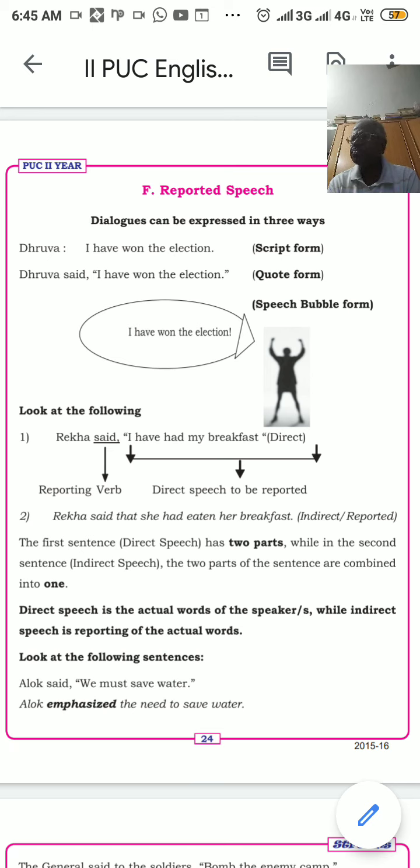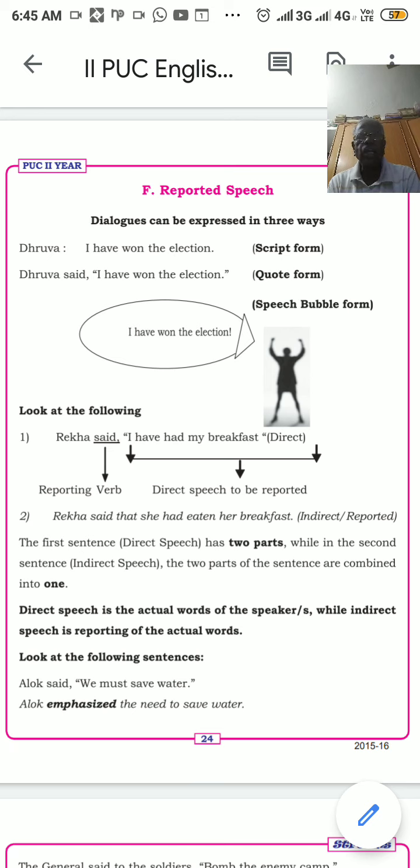For example, the teacher said, the sun rises in the east. The sun rises in the east is a universal truth. So when we change into reported speech, the teacher said that the sun rises in the east. We should not change the tense of the direct speech when it is a universal truth or habitual action or some scientific facts and all that.